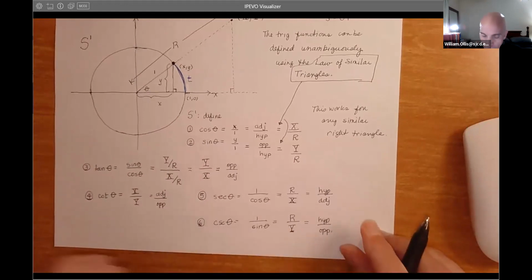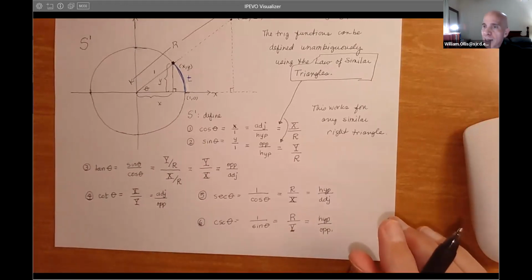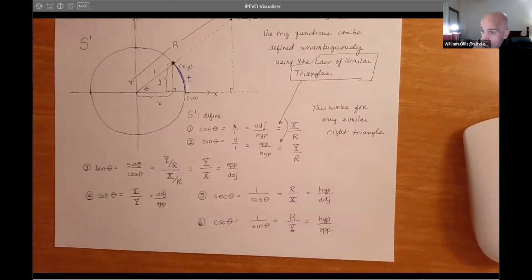The reason that we can have such a convenient reinterpretation of trigonometry is because of the law of similar triangles. It all really started with the Pythagorean theorem in the unit circle, but the law of similar triangles allows us to take our interpretation from the unit circle and transfer it to right triangles.